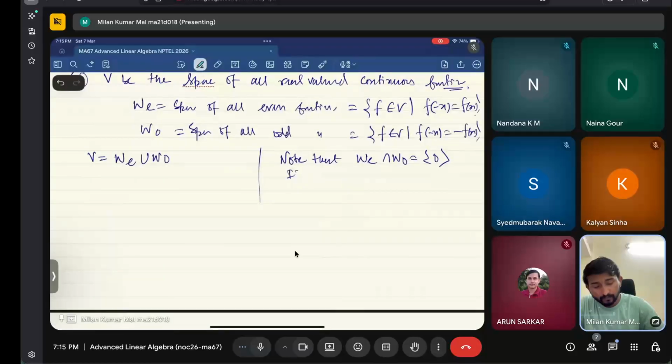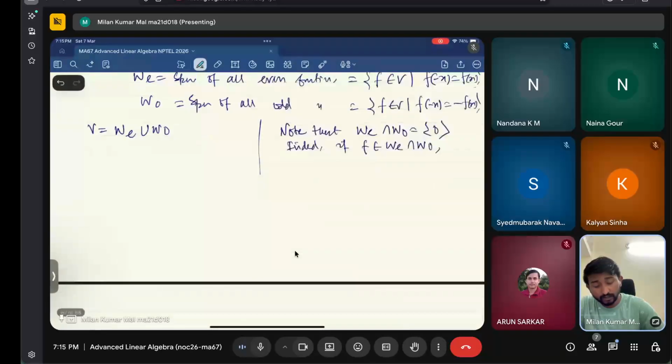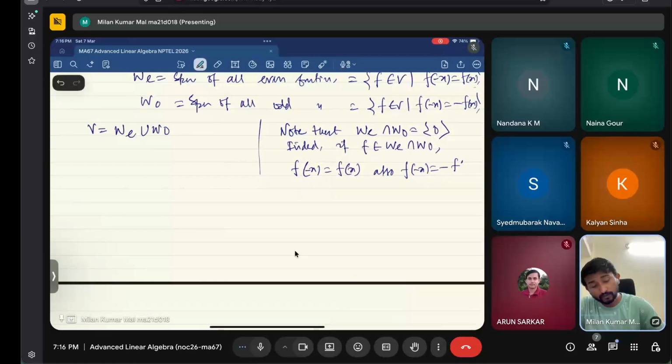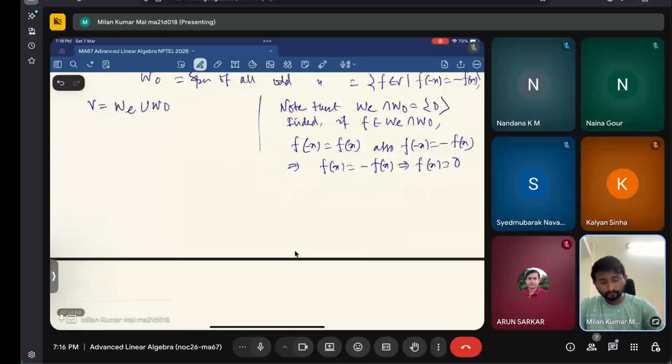Indeed, if f is an element in WE as well as WO, f of x equals f of minus x equals f of x as it is an even function. Also, f of minus x equals minus f of x as it is an odd function. So that gives f of x equals minus f of x, and that gives f of x equals 0. So only the zero function is in the intersection.